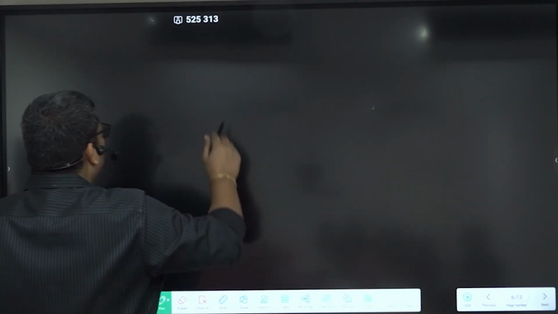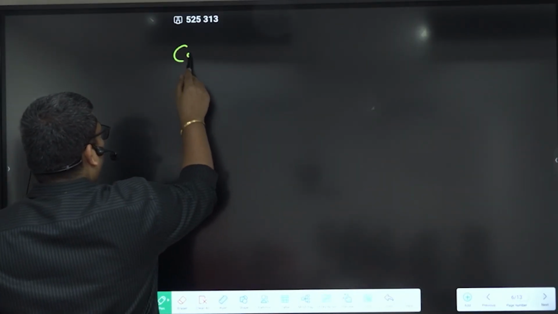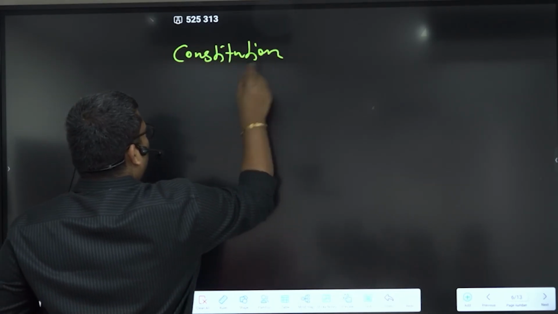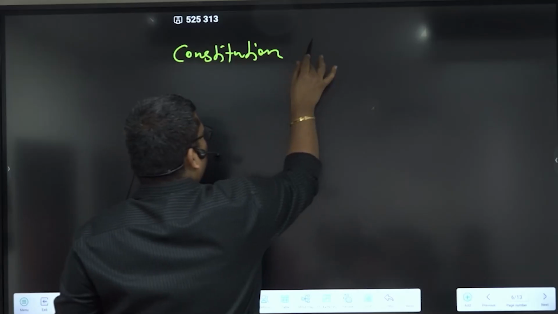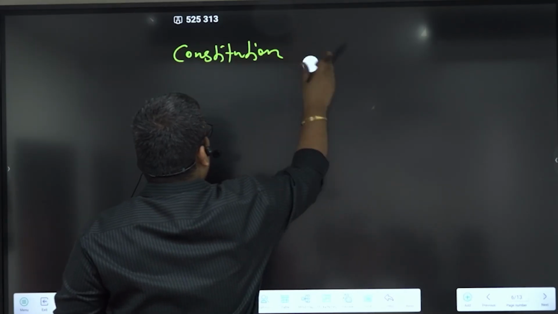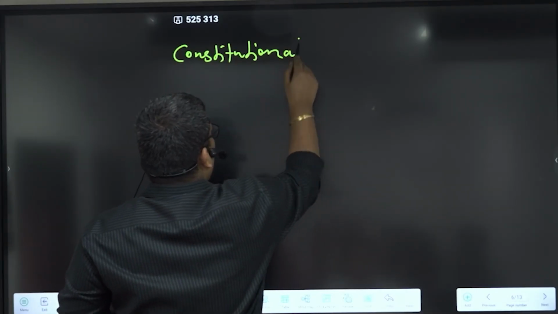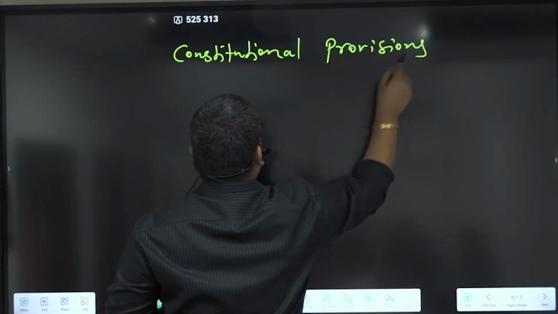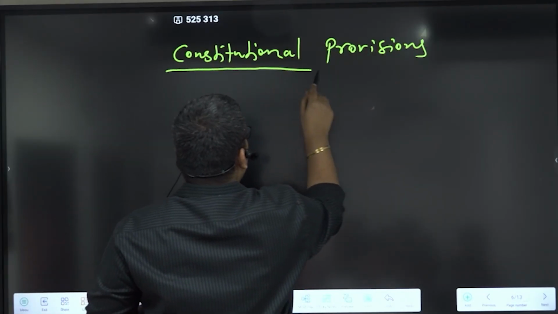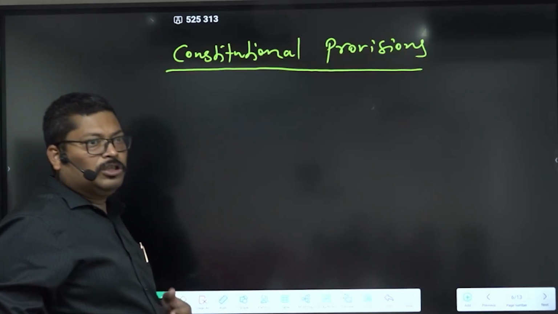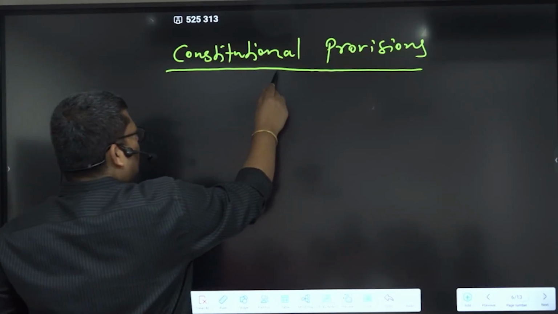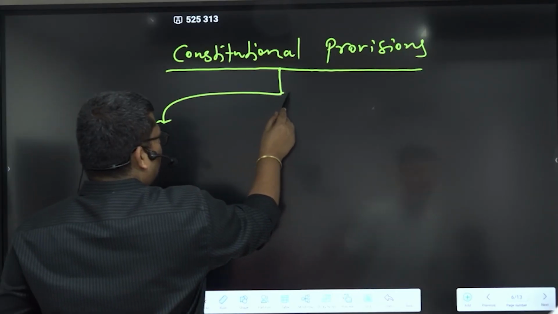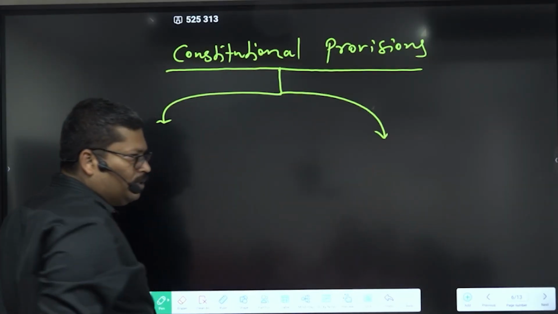So look, under the Indian Constitution, if you look into the constitutional provisions, primarily you will have two sets of constitutional provisions.